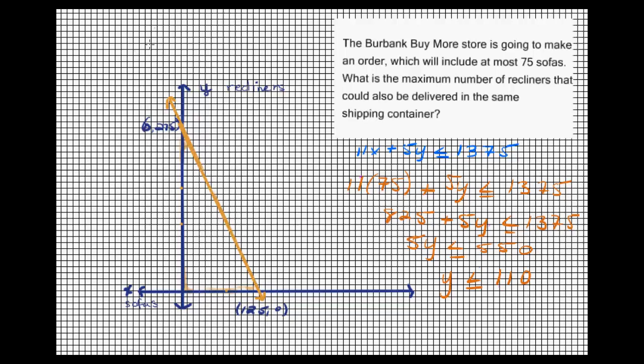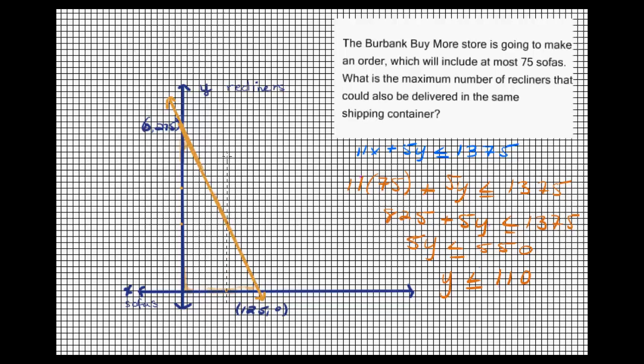I've erased our prior graph here and just put the basic inequality here. So we're going to show what that would look like on the graph. Our vertical line is going to be at 75. So we count over to 75: 20, 30, 40, 50, 60, 75. So right in here.